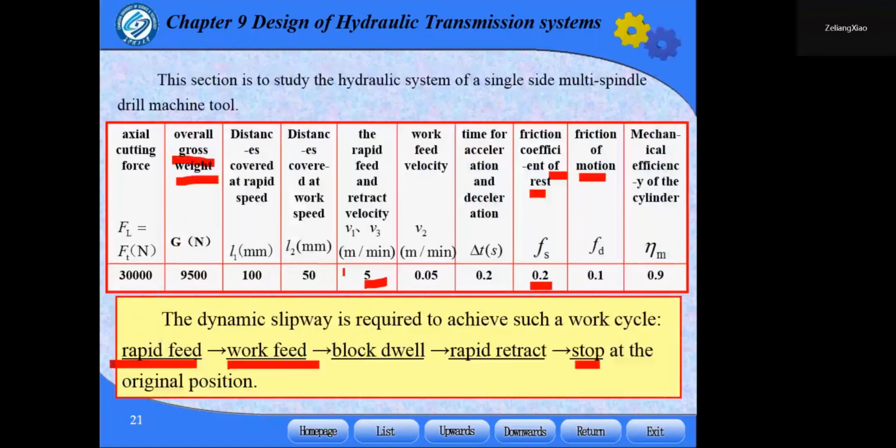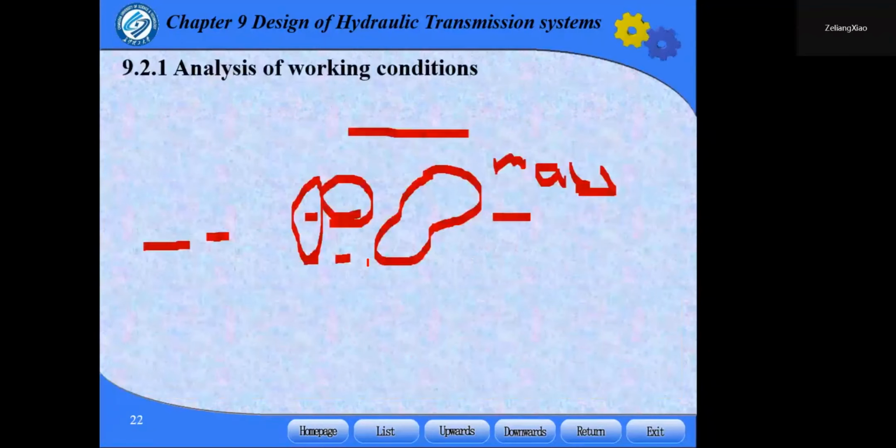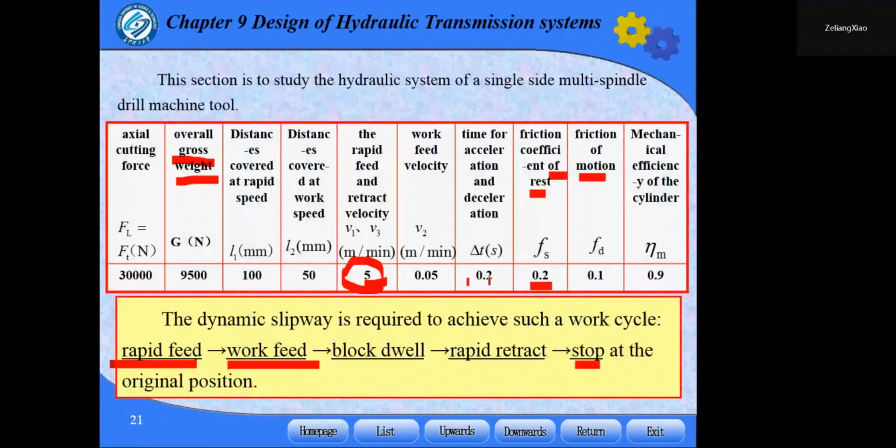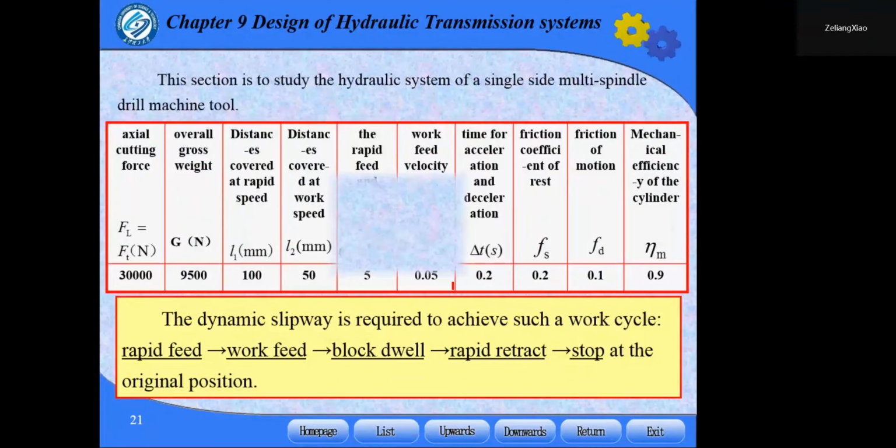We can see the increasement of speed 5, and the acceleration time 0.2.